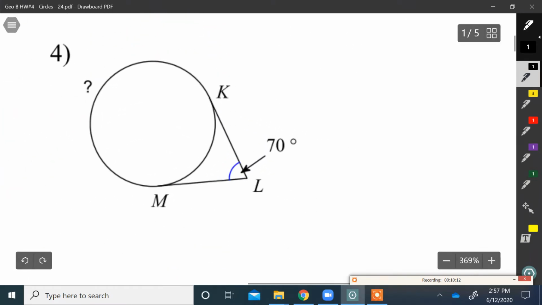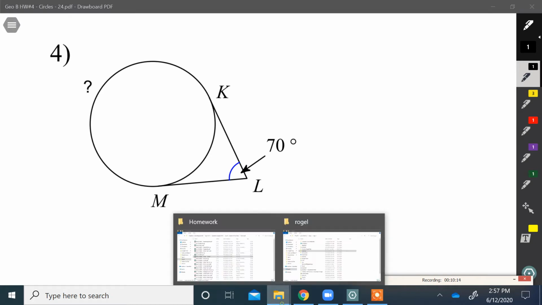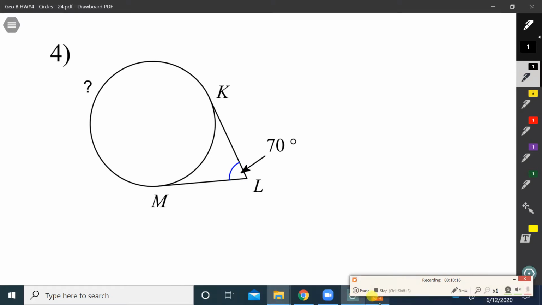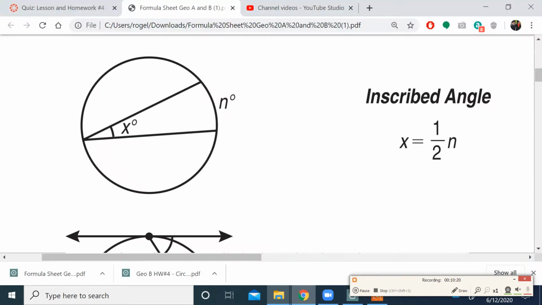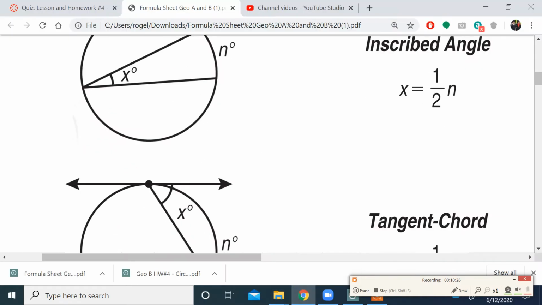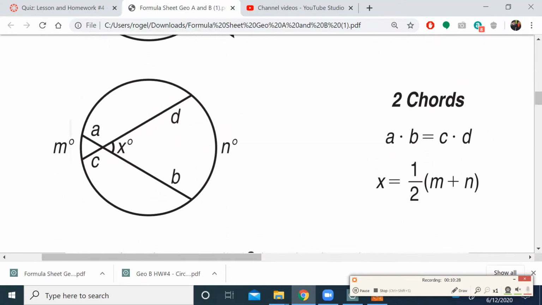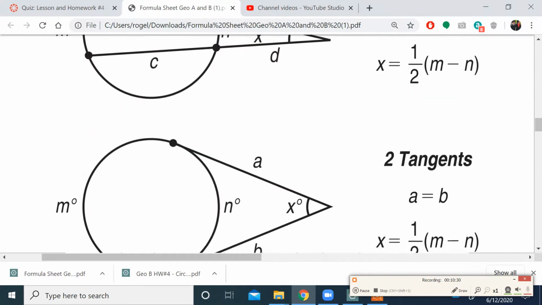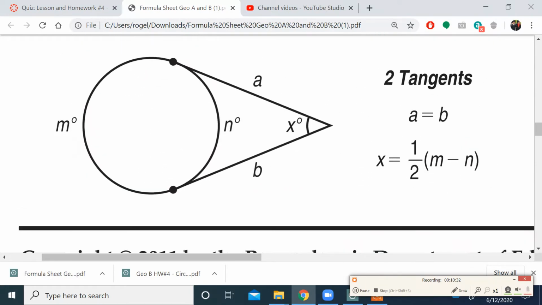Number 4, what do you need? Number 4, and I'm just going to point out for you which one is the one that you need. Number 4 seems to be 2 tangents. So you're going to look for one that looks just like that. 2 tangents, where is it? Okay, right here.